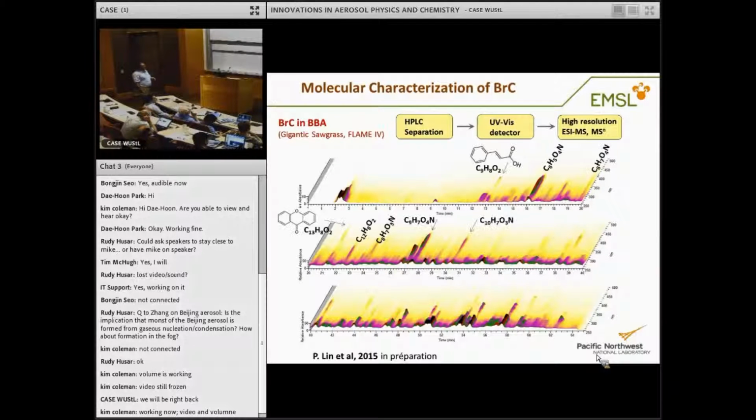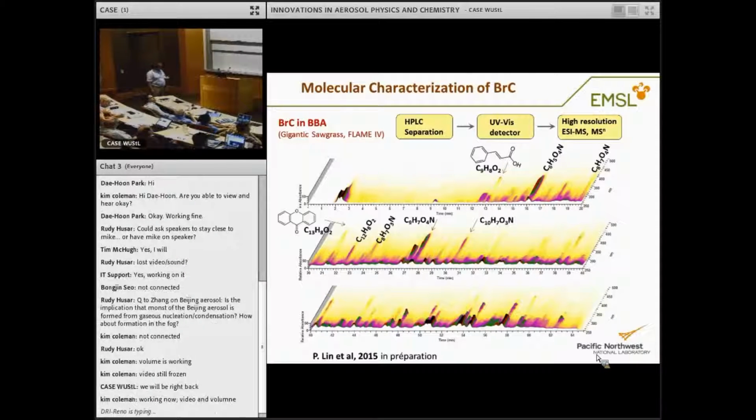Some of the most prominent chromophores we can identify right now. So again, I would say that this approach is applicable and hopeful for the understanding of the field samples as well.